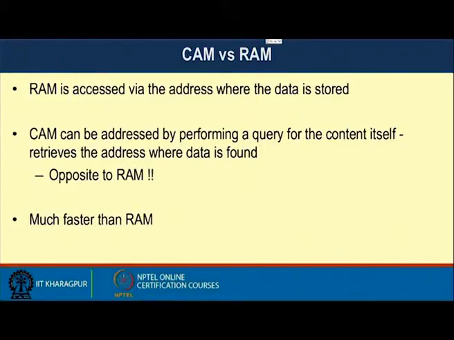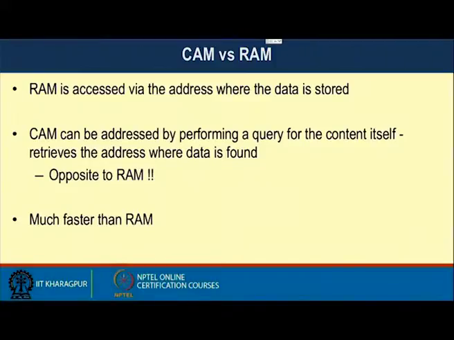So, if we compare this content addressable memory and our normal random access memory, CAM and RAM, they are basically complementary, or they work on an inverse principle. RAM is accessed via the address where the data is stored.